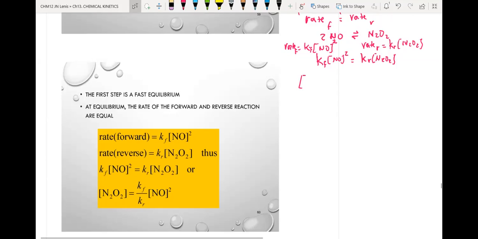So concentration of N2O2 equals, we need to move this around, K sub F over K R times concentration of NO squared.